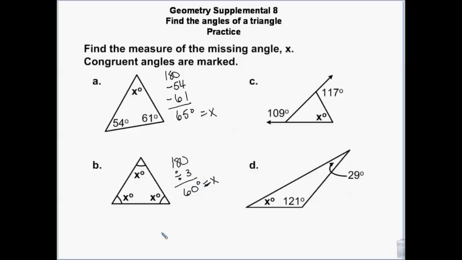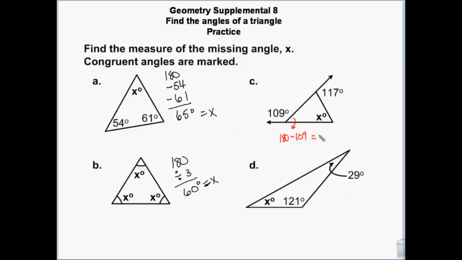Not too bad. C, a little different. I have exterior angles, not the inside angles. So I know that inside the triangle is 180, but I don't know what these two are. So I have to find those first. So this angle is going to be 180 minus 109 because they make a straight line. And a straight line is 180 degrees.